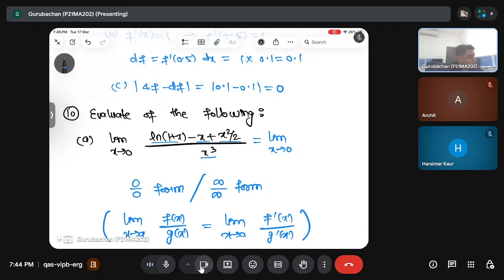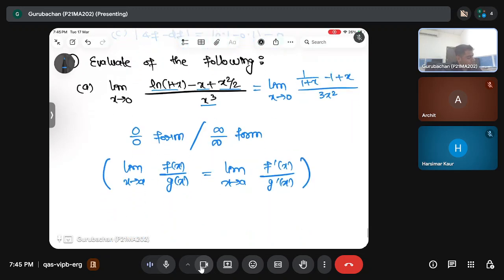So we apply the L'Hopital rule, so it will give you 1 by 1 plus x minus 1 plus x, divided by 3x square. When you solve this a little, you will get limit x tends to 0 of 1 plus x square minus 1 divided by 3x square into x plus 1.